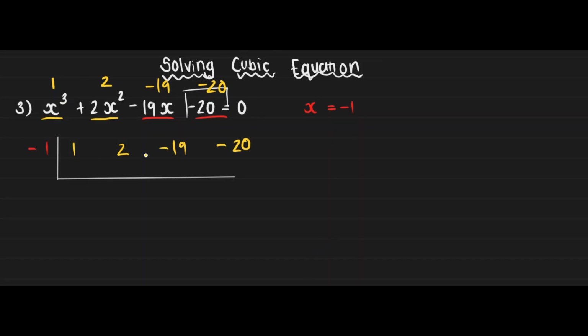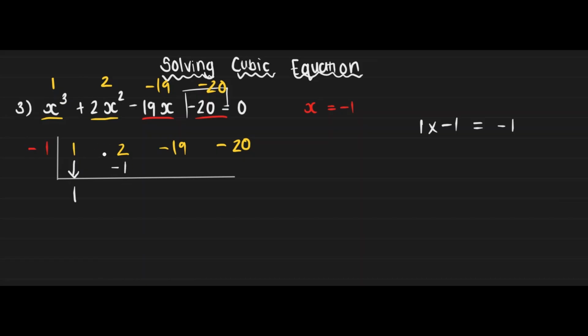Then to actually use the synthetic division, first you drop down the first value, which in our case is 1. Then you're going to write it here. Then you're going to take this one and multiply it by this one. So you're going to say 1 multiplied by negative 1, which is going to give you negative 1. Then the number that you get, which is negative 1, you're going to write here.